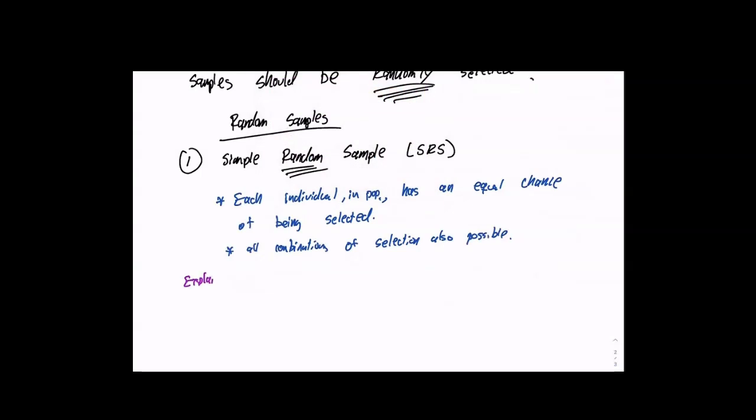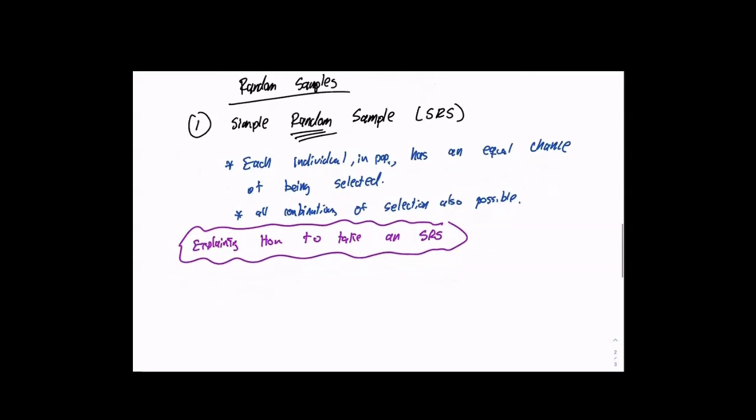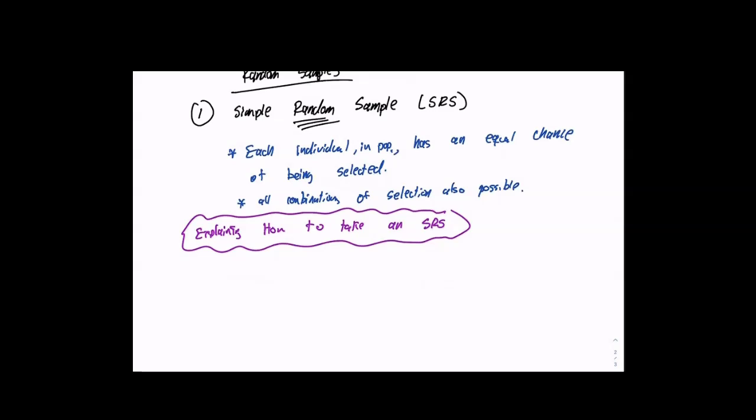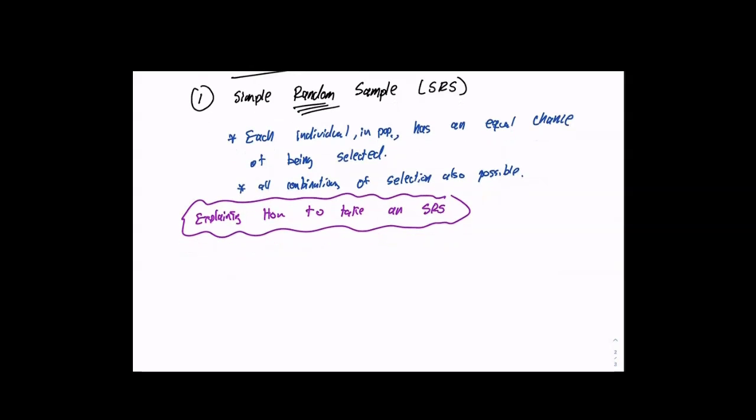Explaining how to take an SRS. One of the AP exam questions will be, how do we take a simple random sample? Well, you could use a random number table explanation.